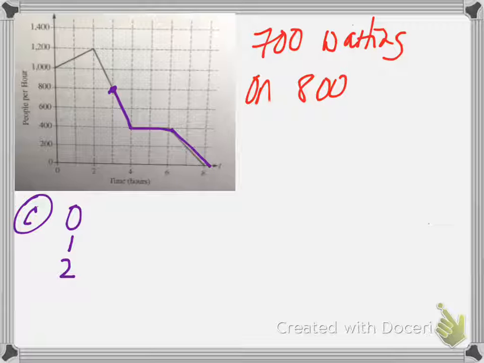I'm just going to erase this part over here. What was the rate that people are arriving at time equals 0? It would be right there, and that would be 1,000.